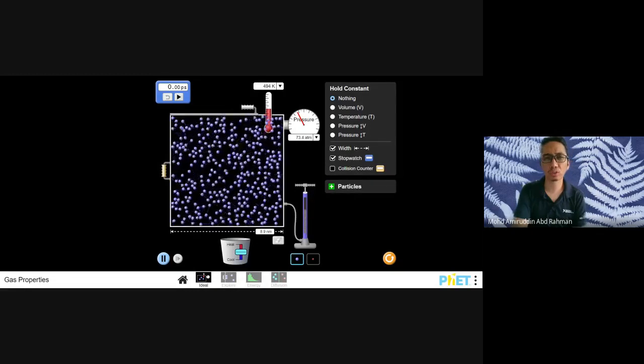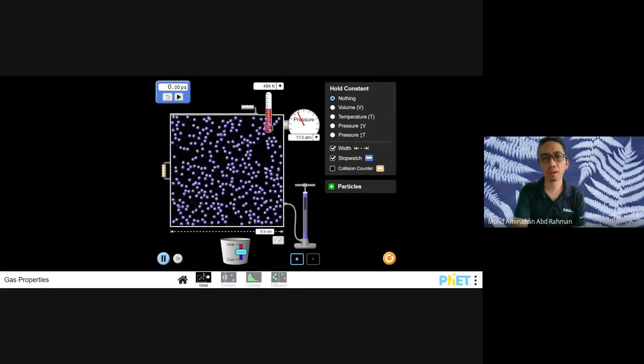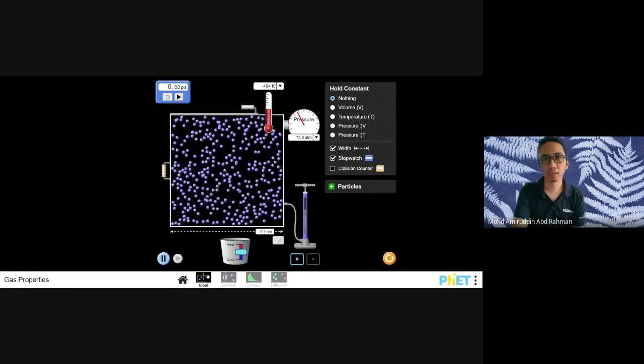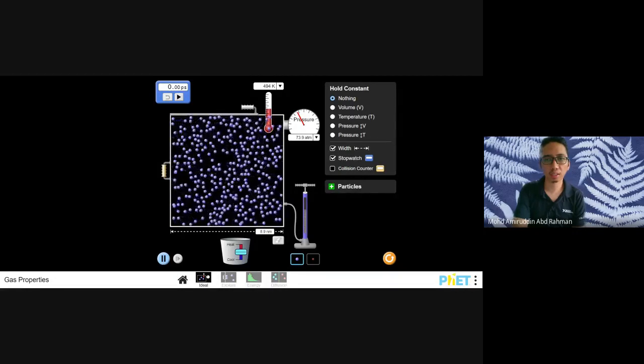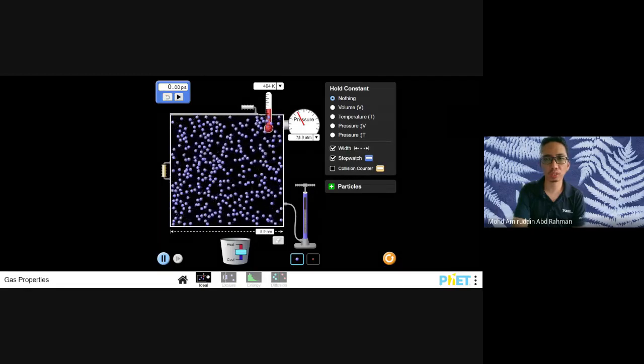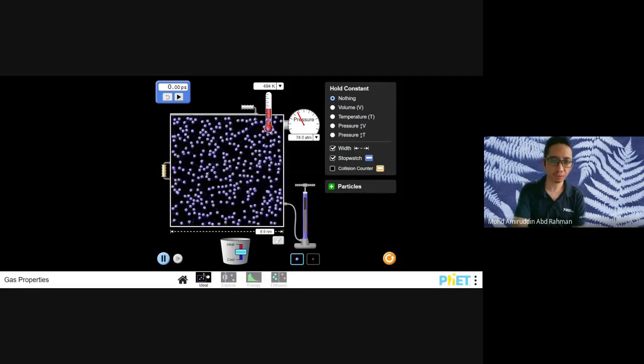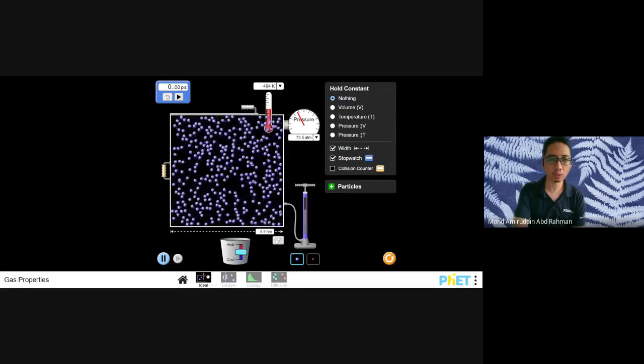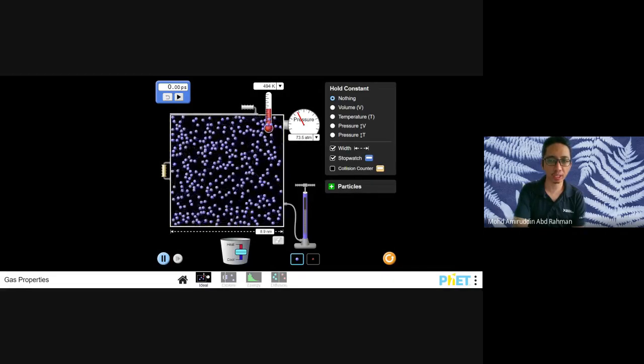So you need to take that 20 times and then take the average measurement, and then you will know what your standard deviation is. And then next you change the width of the container.